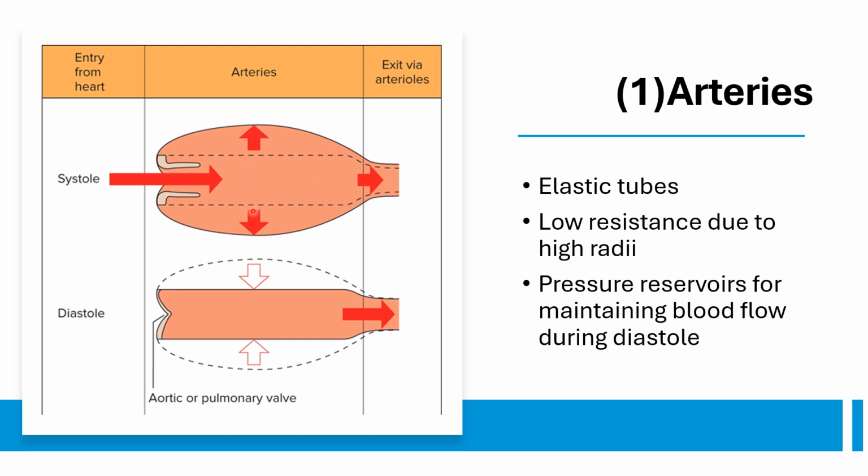It's going to increase the pressure on the walls of the artery because they are elastic tubes. In addition, they have a low resistance to that pressure because they have a large radius, or a large space inside. Now, we look at it during diastole, when no more blood is coming into that particular artery.